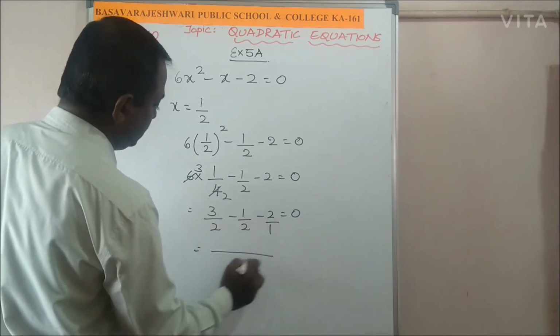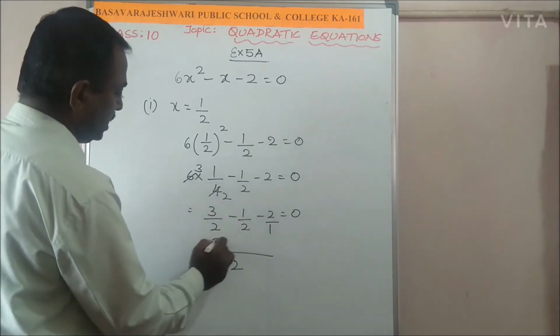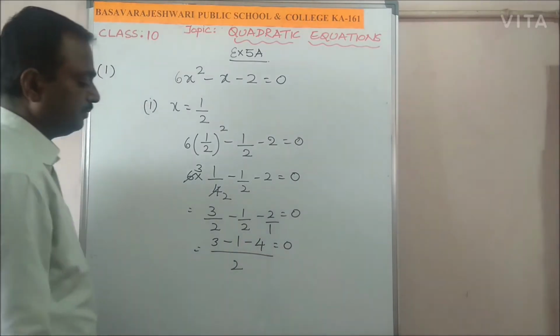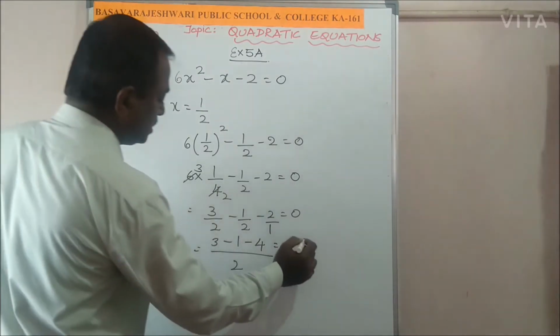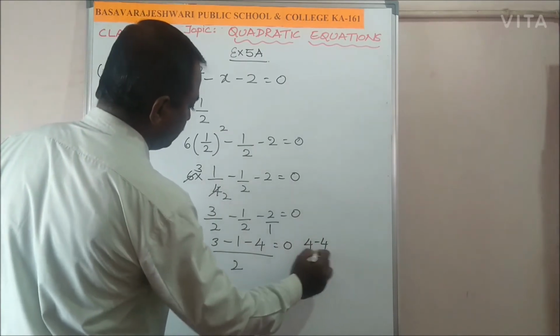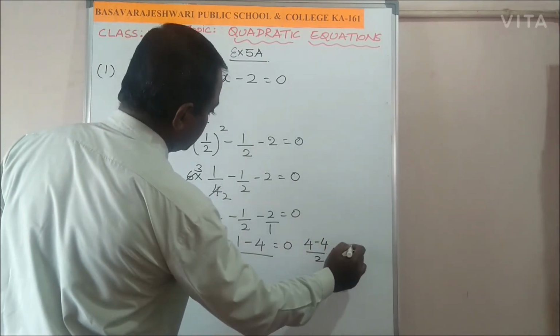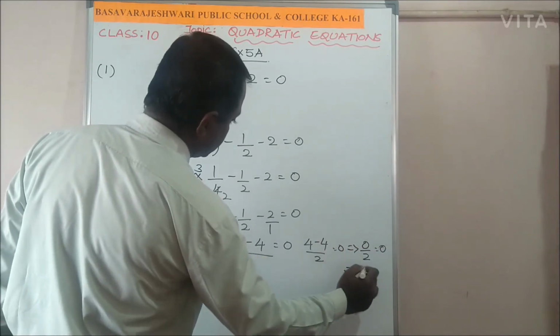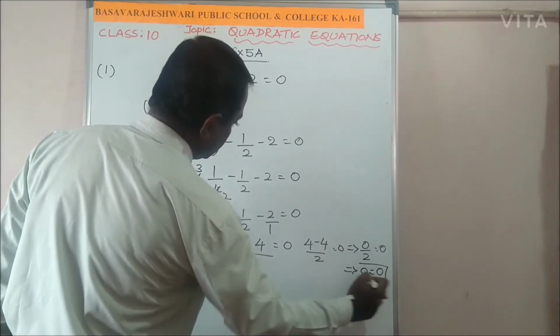The LCM is 2: 3 minus 1 minus 4 by 2 is equal to 0. 3 minus 1 is 2, minus 4 is minus 2... this implies 0 by 2 is equal to 0, so 0 is equal to 0.